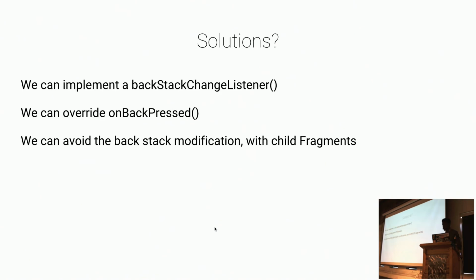So what are the solutions to deal with complex backstacks, and does the fragment manager help us with this? And the question is, not really. We have to actually implement some type of backstack change listeners to look at the backstack, and we can determine from the transaction entry count, oh wait, we have to do some custom logic to determine on the backstack, from the backstack entries, which transactions we want to remove.